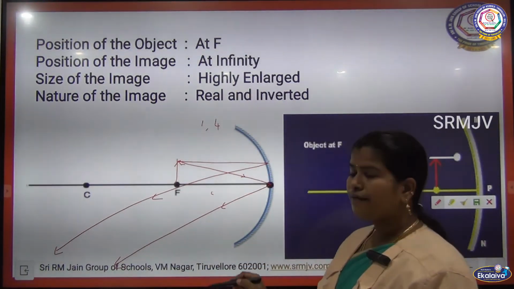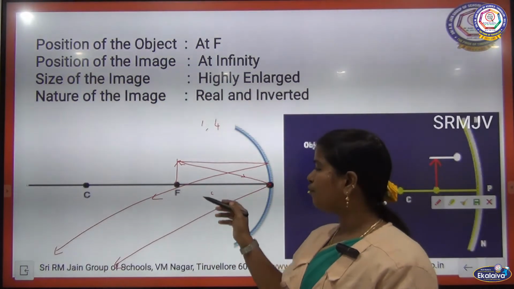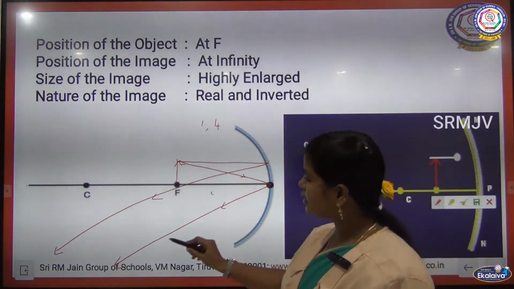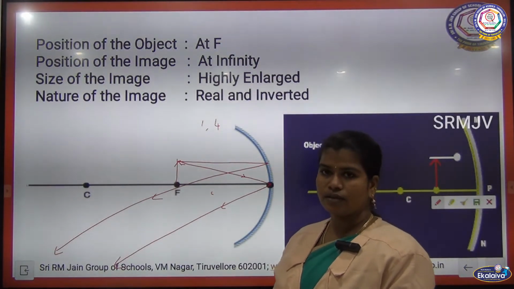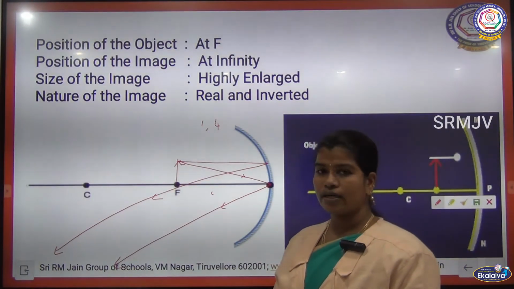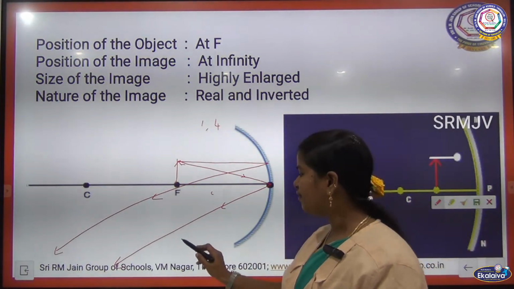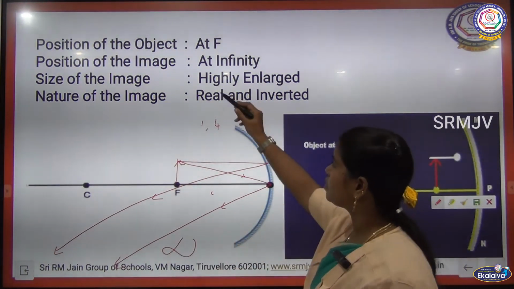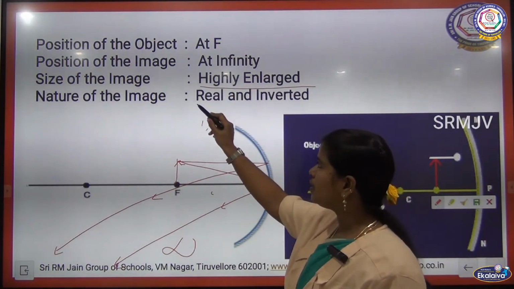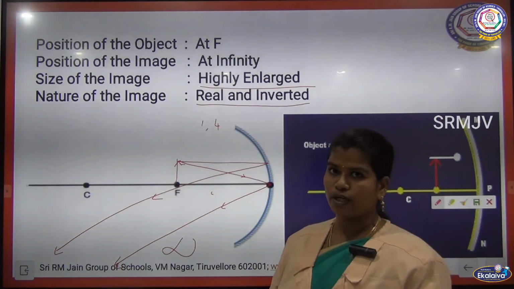And when the object is at the focus, what happens? These two reflected rays will not meet; they will meet at infinity. And the size of the image is highly enlarged, and it is real and inverted.